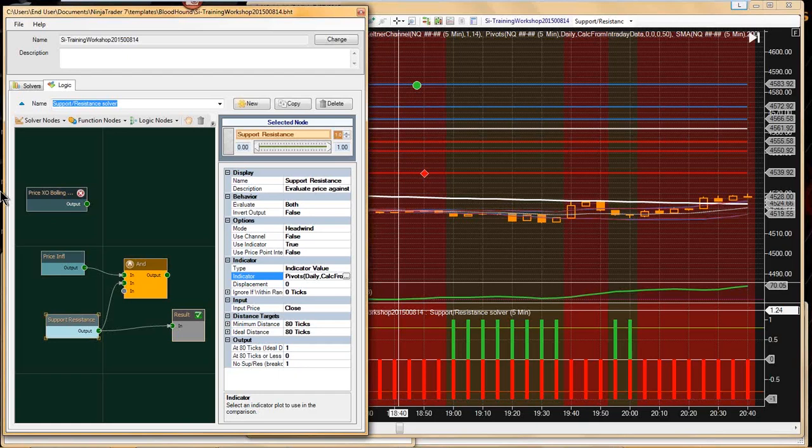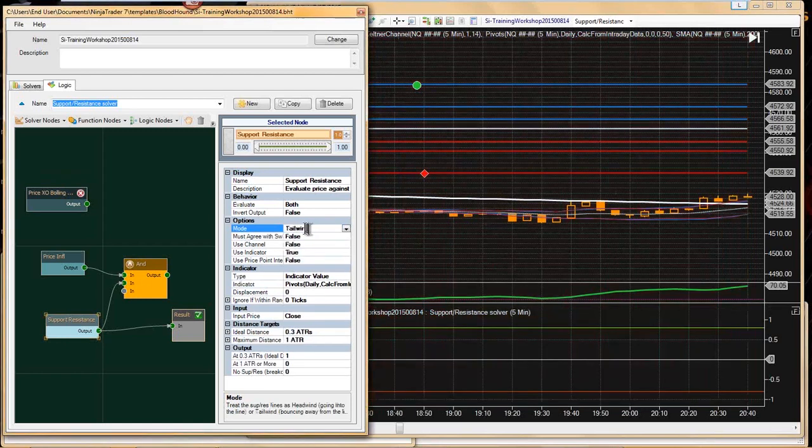However, it would probably take more than just the single solver itself. But I'm going to cover tailwind mode next. So Frank, you should be able to determine if tailwind mode works for your situation. I'm thinking you probably would want to use a crossover solver instead, Frank, but I don't know the details exactly of what you're doing. But either the crossover or tailwind mode on the support resistance solver.